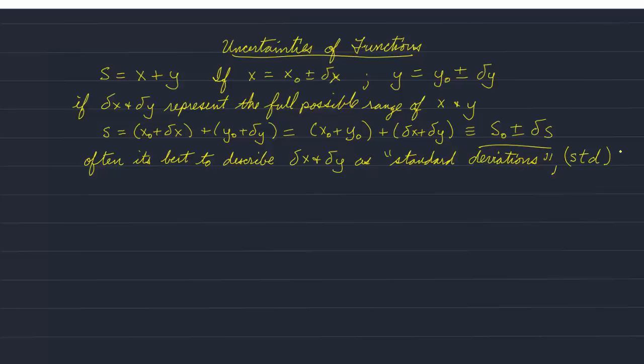So in that case, if delta x and delta y are standard deviations, then the variance of S is given by the sum of the variances of x and y.